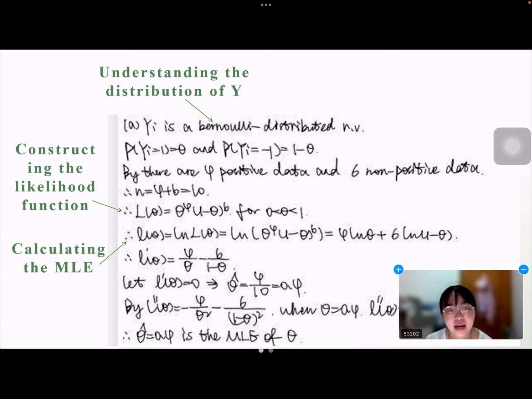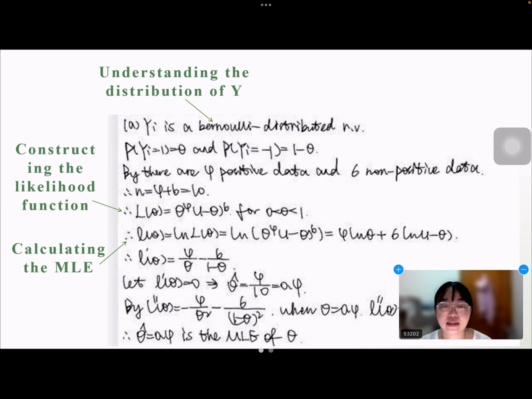After finding the size of the sample space, n is equal to 10, we can construct the likelihood function from the properties of Bernoulli distribution, and then we can apply ln to the likelihood function to calculate the MLE.